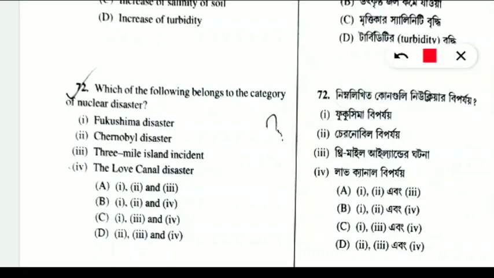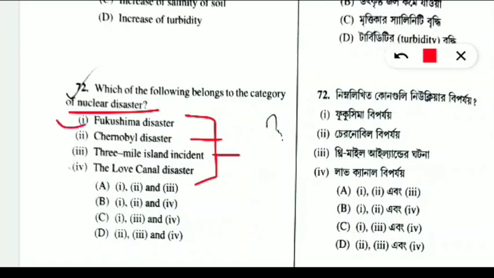Which of the following belongs to the category of nuclear disaster? Yes, nuclear disaster events have been given here: Fukushima disaster in Japan, Chernobyl, Three Mile Island incident, the Love Canal disaster. Among the four, which belong to the nuclear disaster category? I will tell you, these three are the correct options. A, 1, 2 and 3.